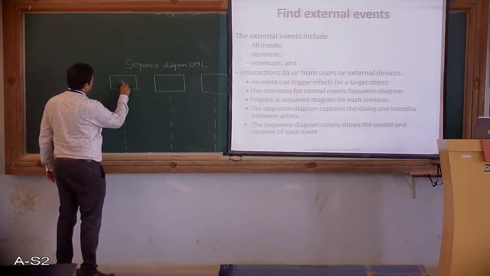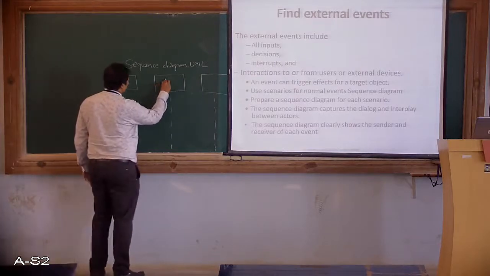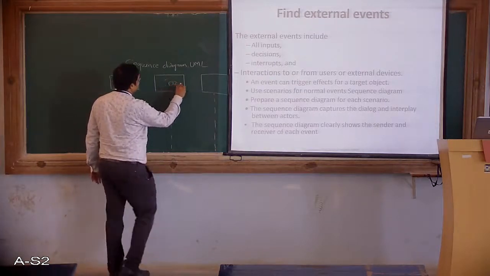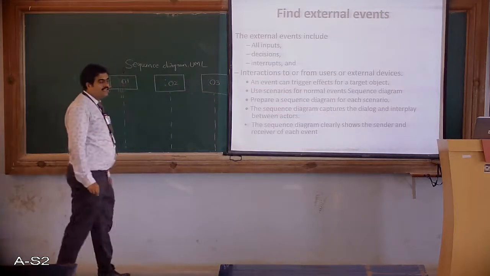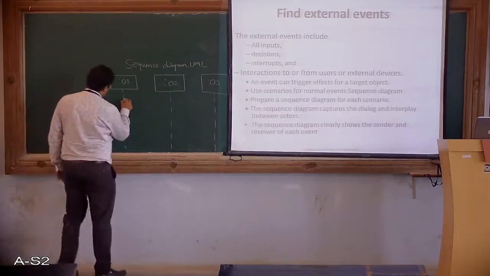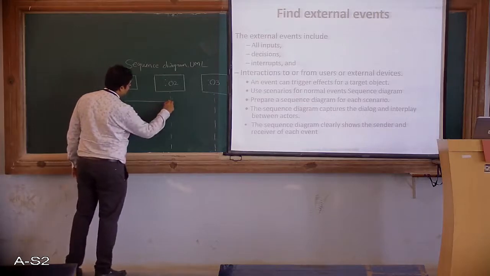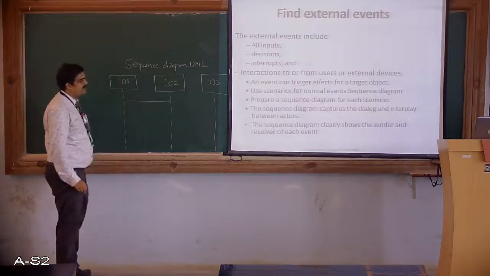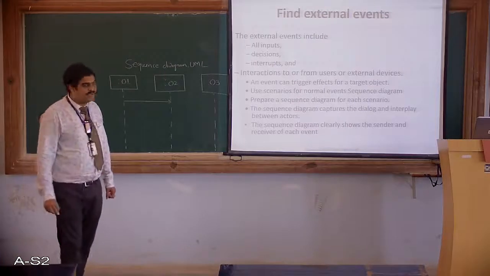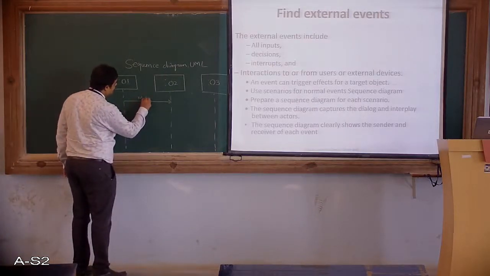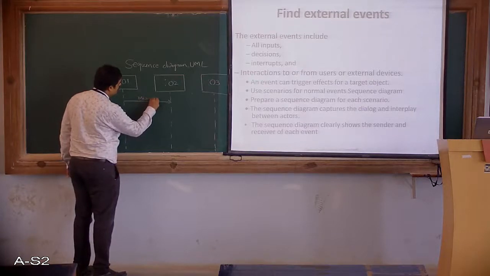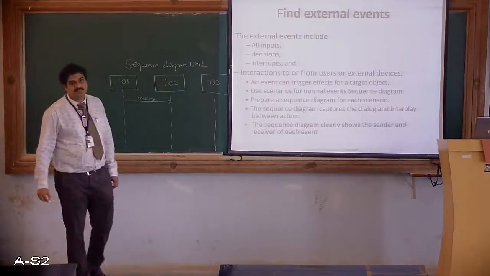This is how you can represent object 2, then object 3, and so on. For every instance of time, you can specify an arrow mark. What does it represent? It represents the communication between these two objects through a proper message.